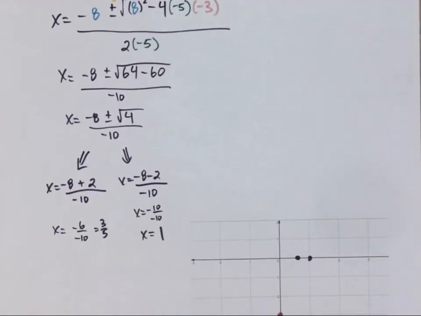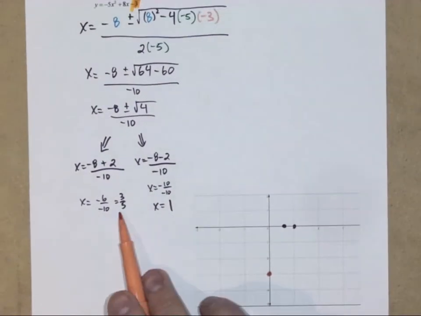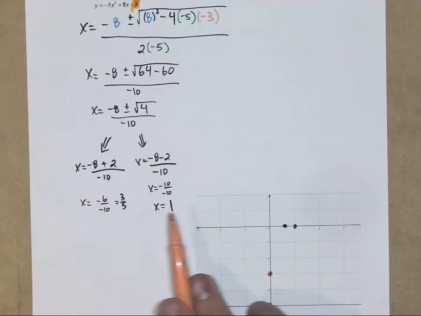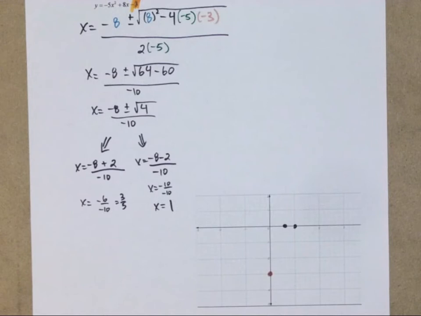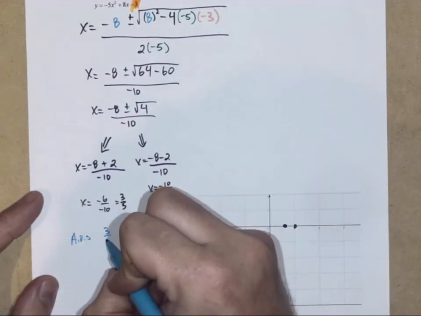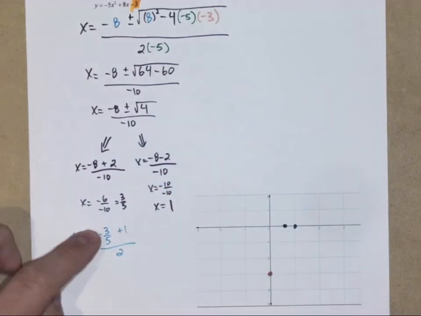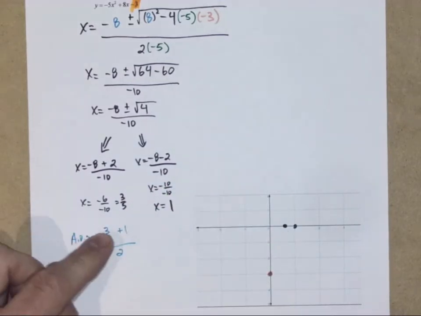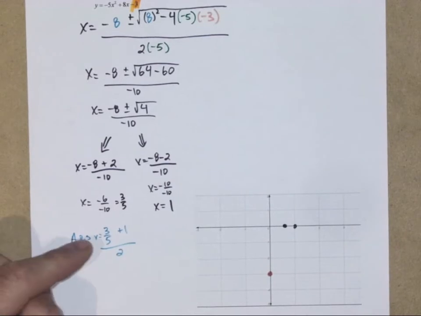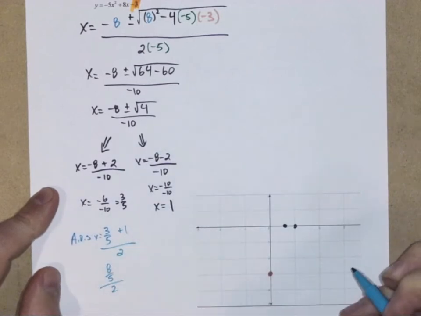Before, I would have taken my two x-intercepts and added them together. So my axis of symmetry, I would have said 3/5 plus 1 all divided by 2. So 3/5 plus 1 is going to be 1 and 3/5, or 8/5, divided by 2.